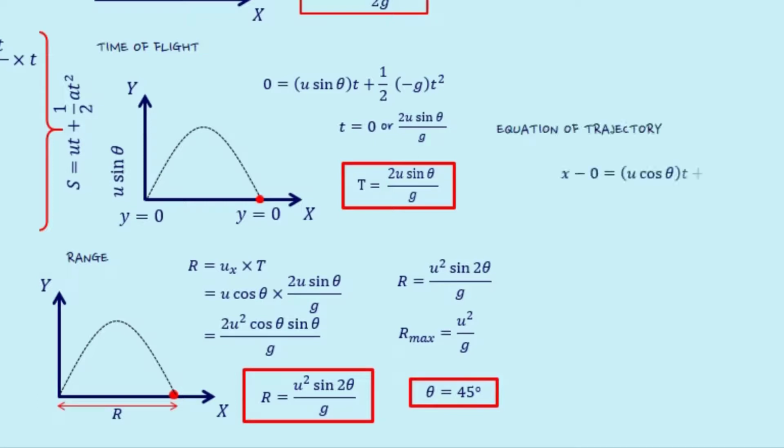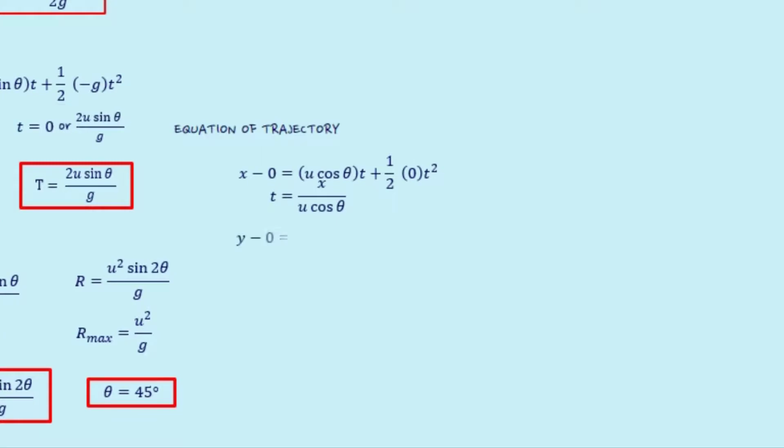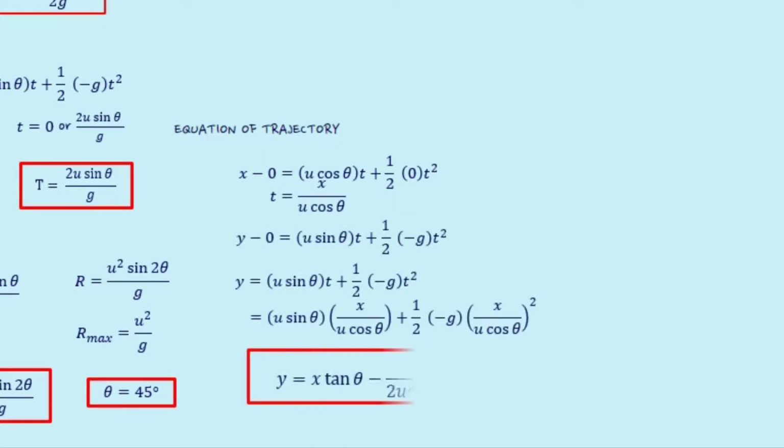For the equation of trajectory, we have to eliminate time from the displacement equations along the x and y axis. This can be done by calculating the value of t from the displacement equation along the x axis and then putting the value of t into the displacement equation along the y axis.